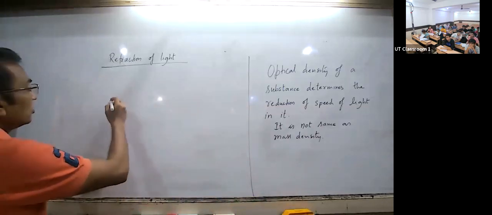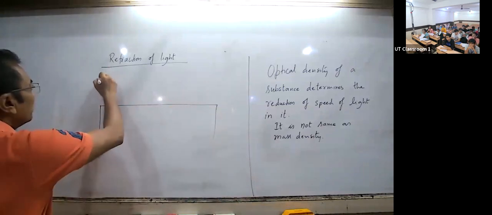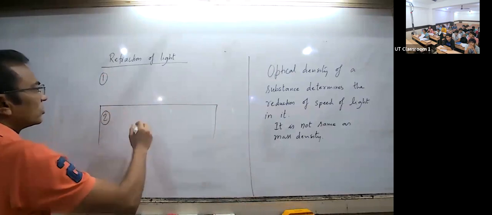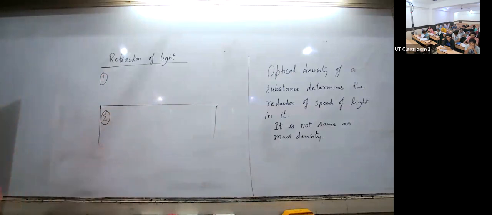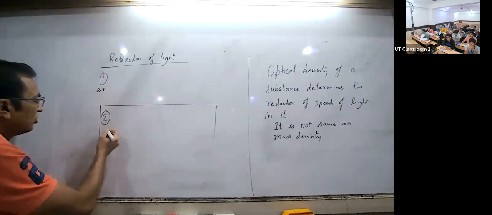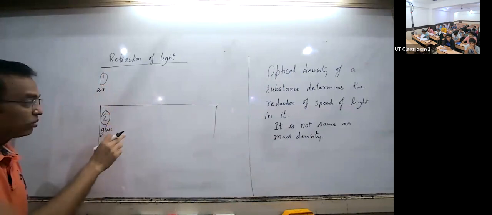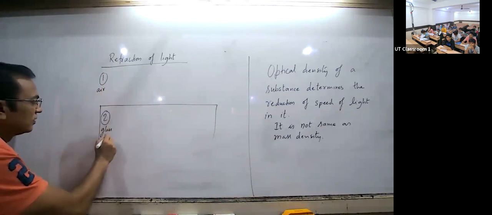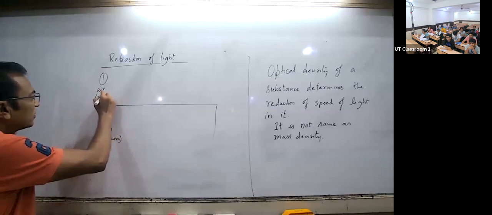All right, so quickly. We had two mediums, 1 and 2. When you are studying refraction of light, you need to have two mediums. One of them will be air, the other will be glass or water. Glass or water, both are denser with respect to air, and air is rarer.